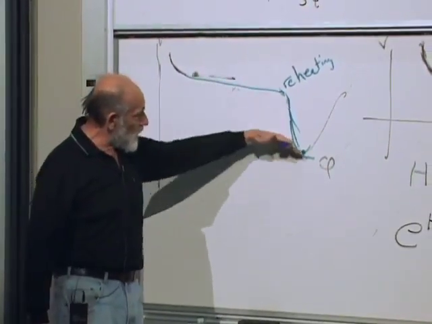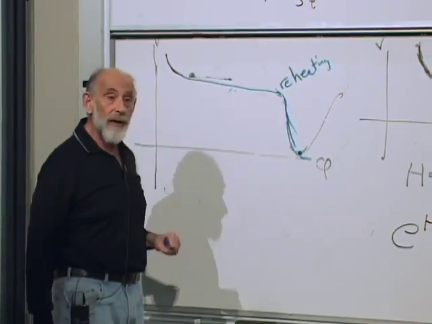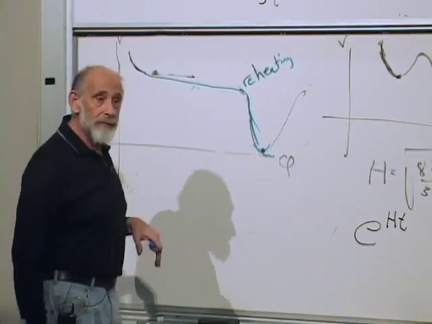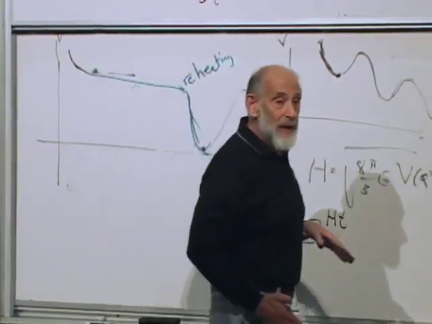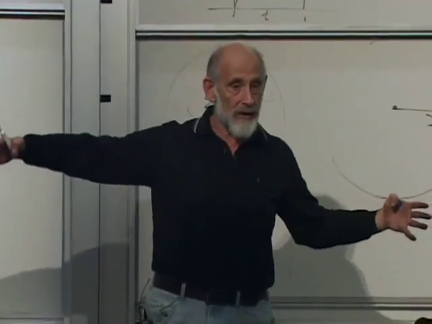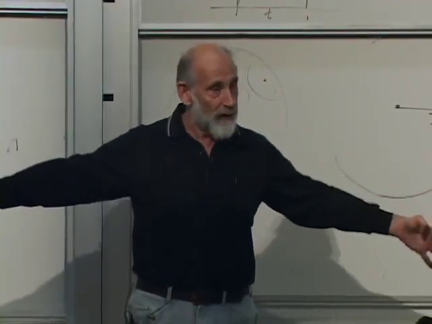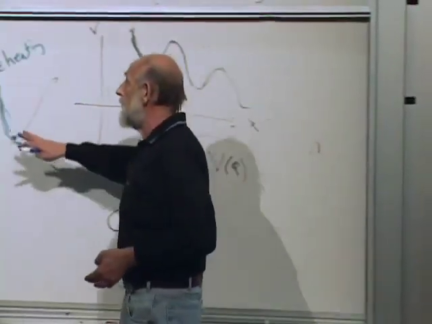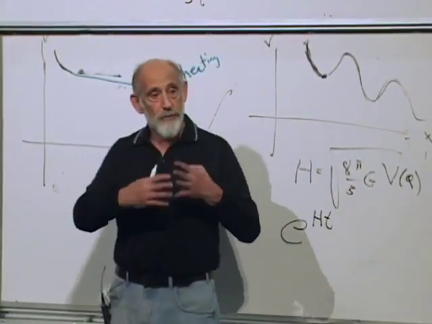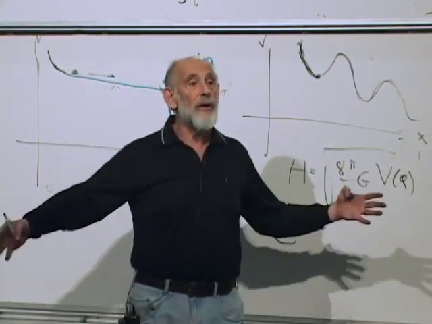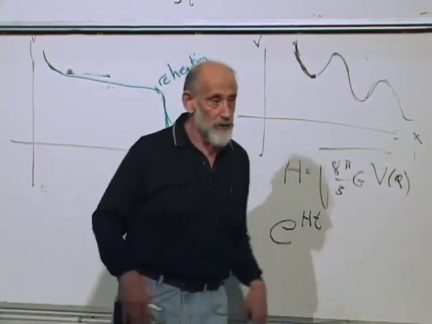Then as you roll over the edge here, and by the time you get down to the bottom, the universe is hot. It wasn't hot up here. In fact, any heat that might have been there to begin with was diluted by this enormous exponential factor. If there was some thermal energy to begin with, the universe simply expanded so much that it got diluted to the point of almost nothing. So that's why it's reheating.